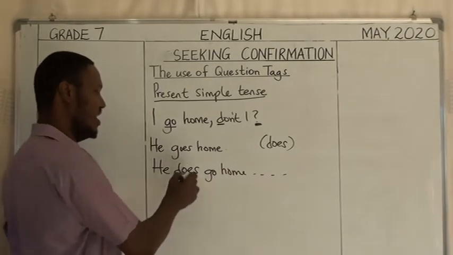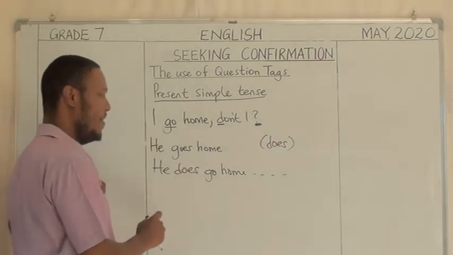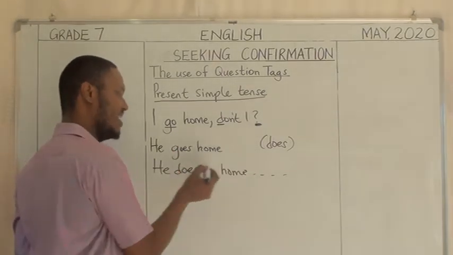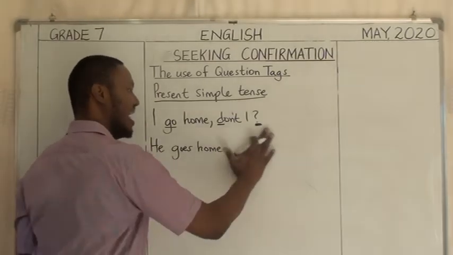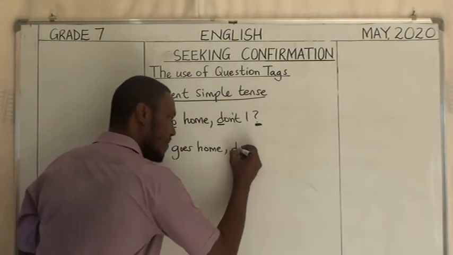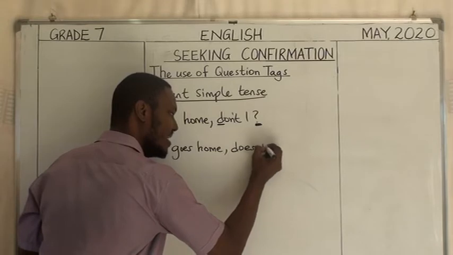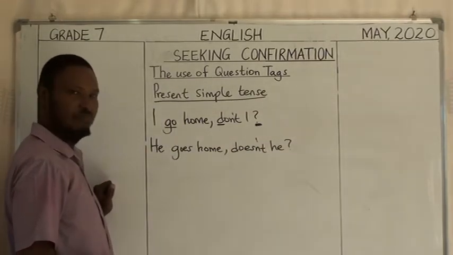But we don't usually say this. When you're emphasizing, you can use that. So he does go home is the same as he goes home. So the question tag for this: he goes home, doesn't he?